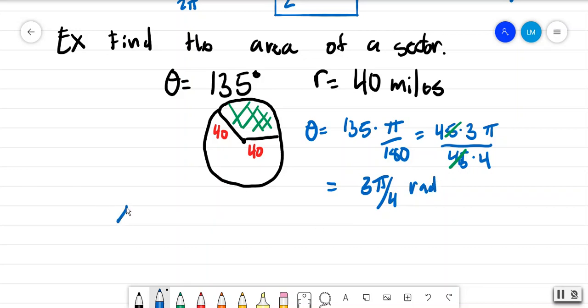Now the area of the sector is equal to 1/2 multiplied by your r, which is 40 squared, multiplied by 3 pi over 4.